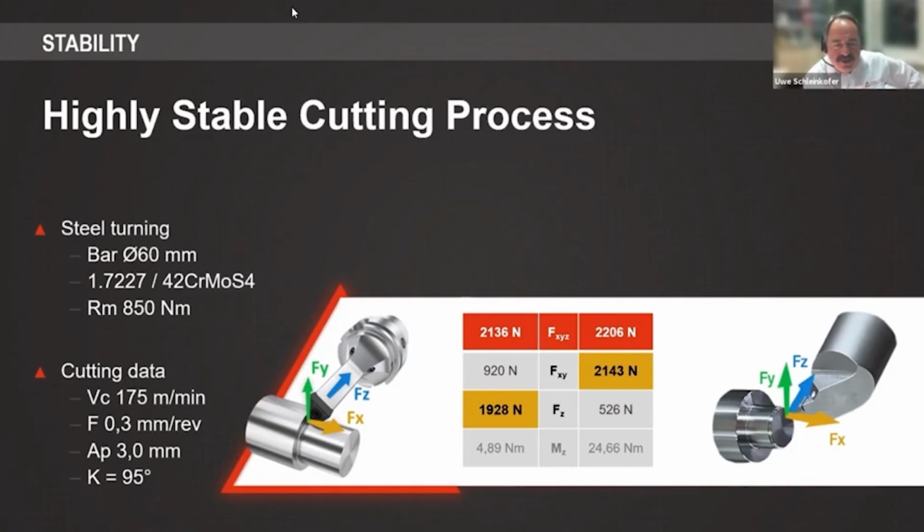When you look at the FreeTurn on the left, the main cutting force is nearly 2000 Newton. And on the right side, for a conventional tool, the axial and radial force, the FXY, is more than 2000 Newton. So the main cutting force is much lower here, which gives you an idea with regard to the stability: it is much more difficult to get a stable condition on a conventional tool, because your main cutting force is not the driving force of the stability, it's the X and Y force.